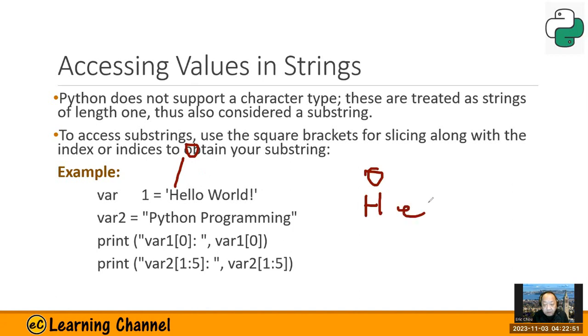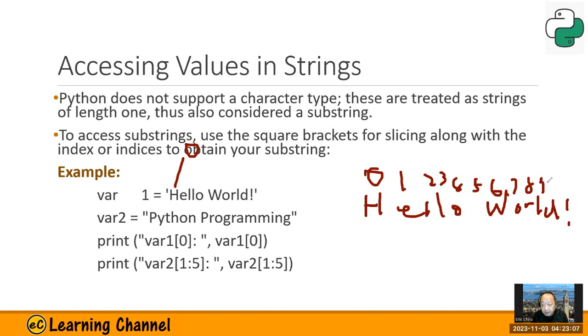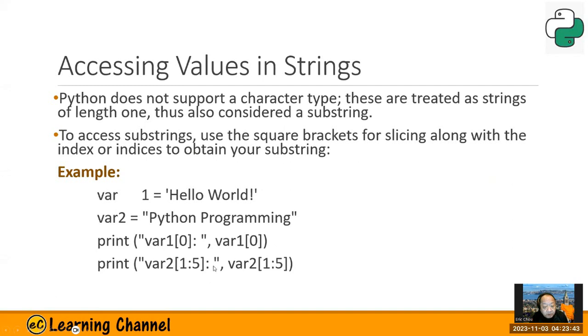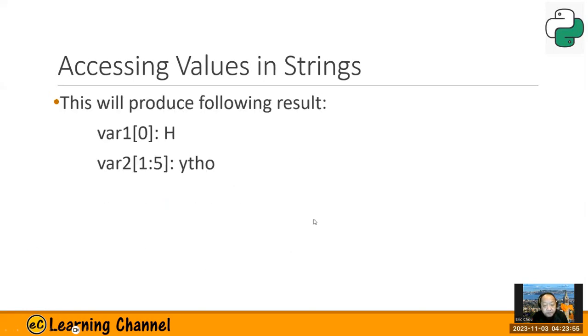In "hello world!", the indexes are 0, 1, 2, 3, 4, space 5, 6, 7, 8, 9, 10, and the exclamation mark is 11. So variable 1 of 0 gives H. Variable 2 is "Python programming", so slicing 1 to 4, not including index 4, you get YTH for the second printing statement.